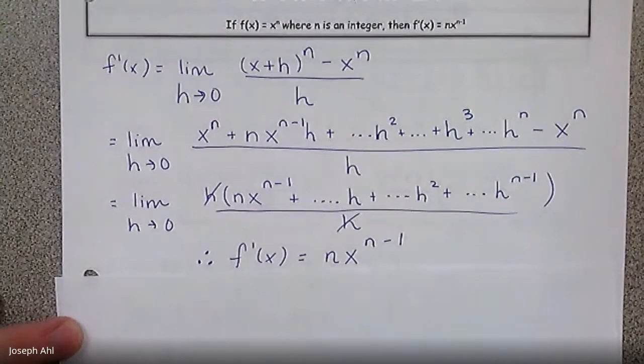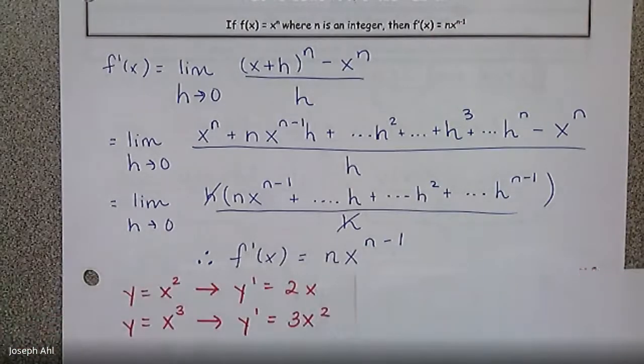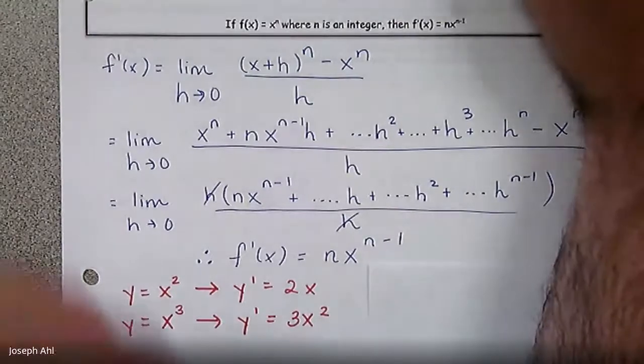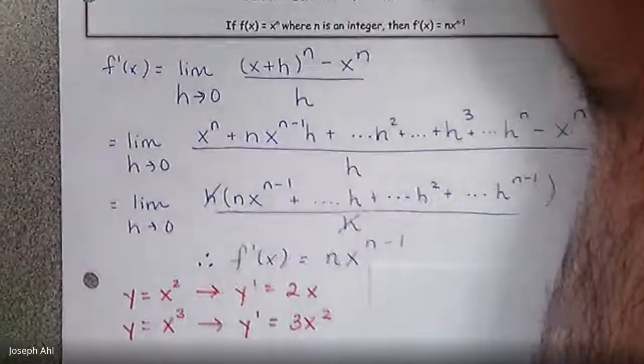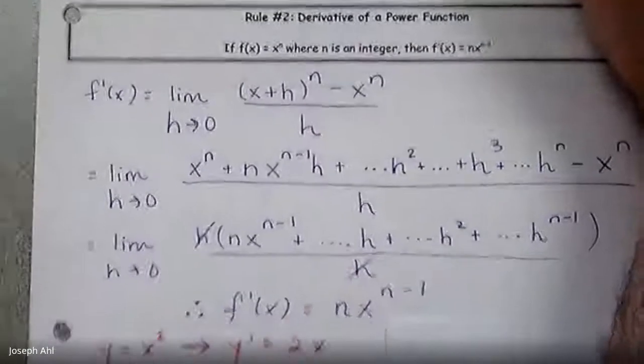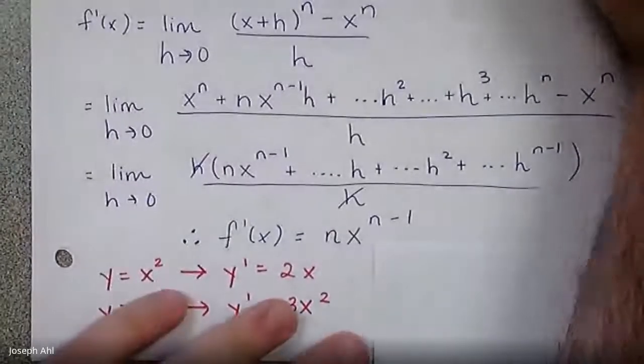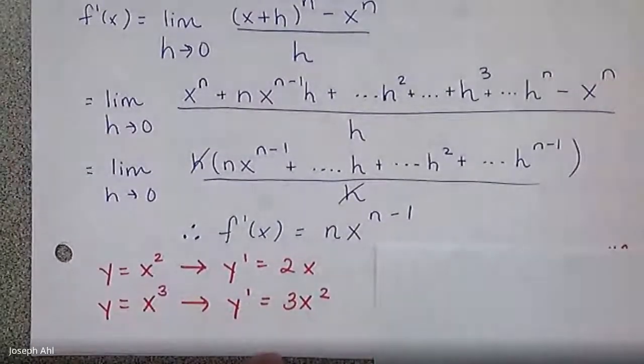So that is a quick derivation of proving that if you have x to the n as your function, n times x to the n minus 1 is its derivative. So here's some quick examples of that. If you have y equals x squared, then y prime would be 2x to the first, right? If you want to put a power there to make it follow the rule.